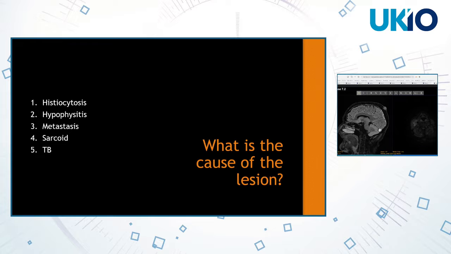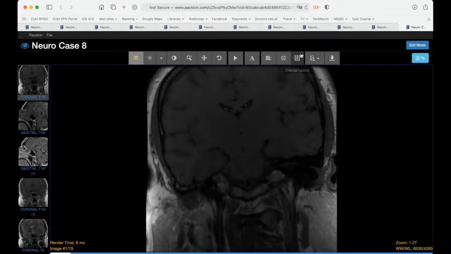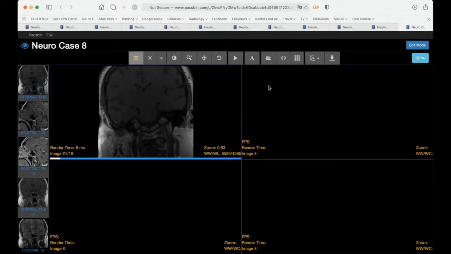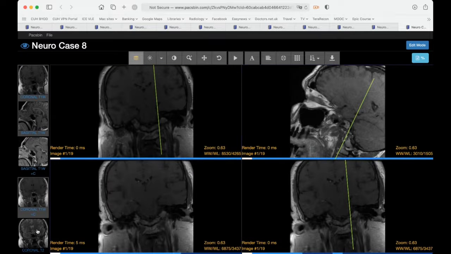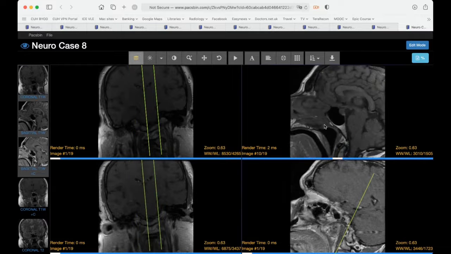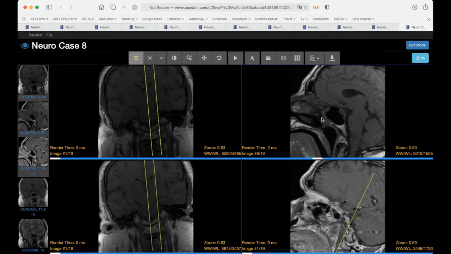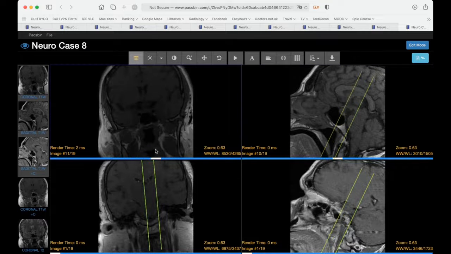If I share my screen again. And you'll notice on the unenhanced image, coronal and sagittal of the pituitary gland, you can see some enlargement of the gland itself.